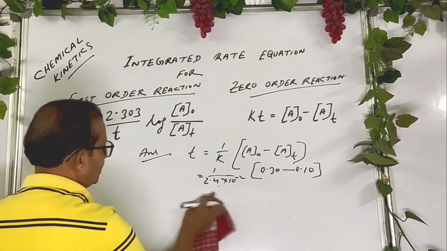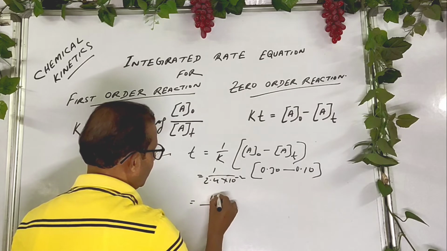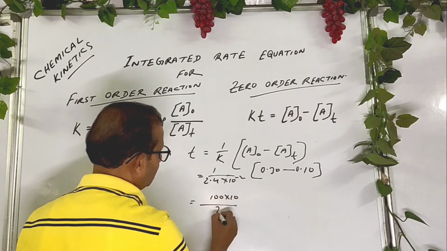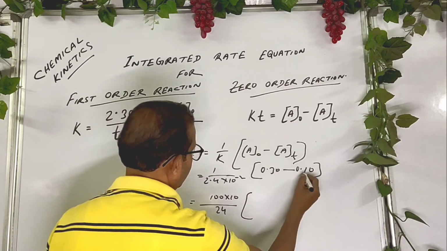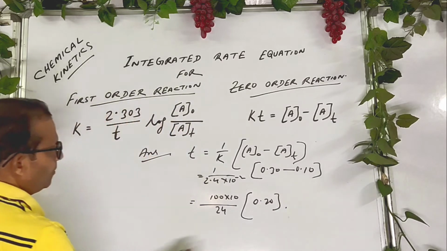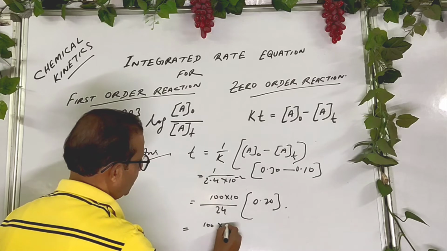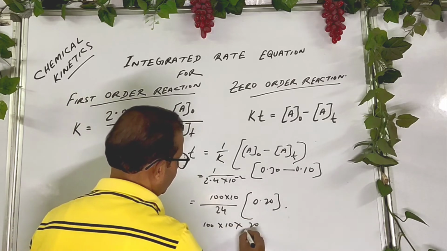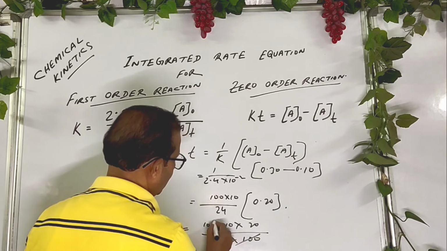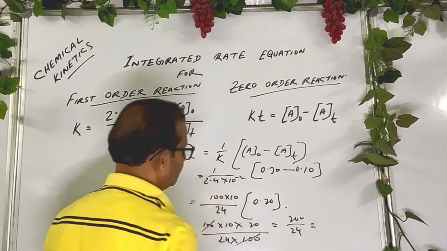So calculate it and get the answer. It comes to 100 upon 2.4 into 0.20, which equals 100 into 20 upon 24, so 200 by 24.